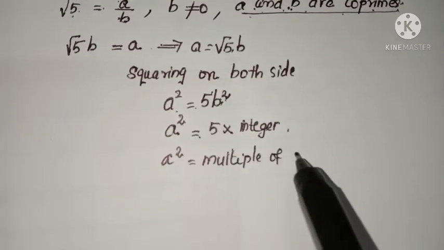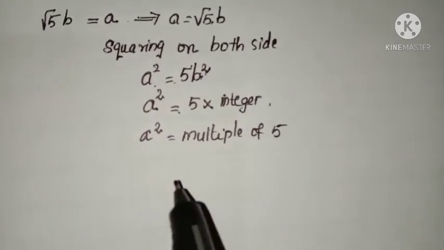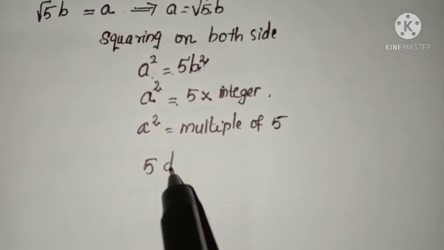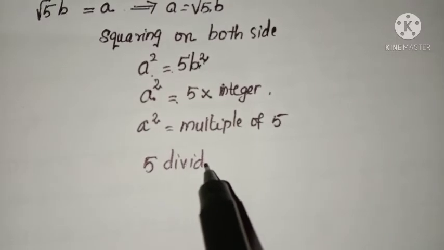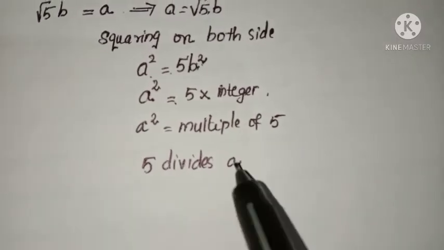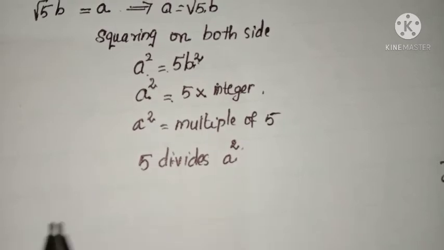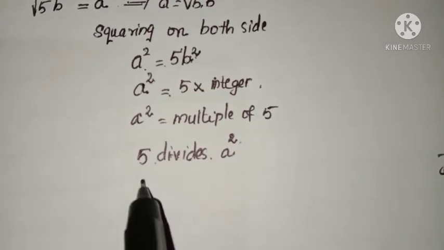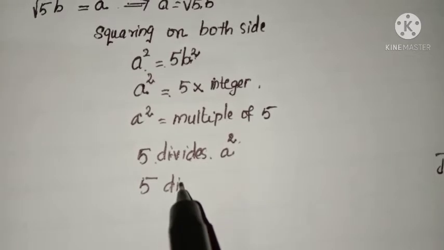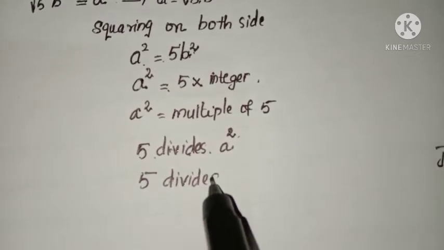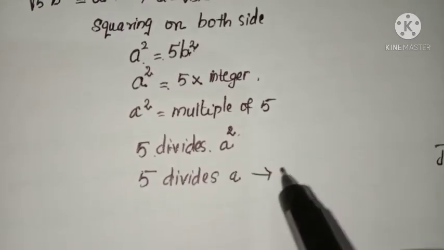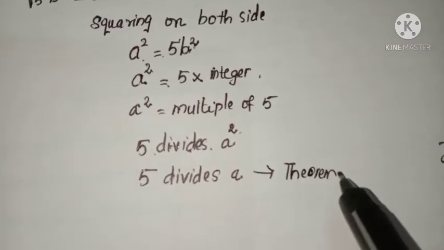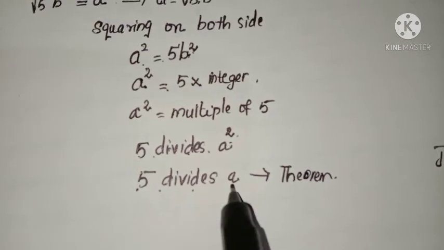Or by the theorem we can write 5 divides A square. Now if 5 divides A square, then we can say 5 divides A. That is our theorem. If 5 divides A square, then 5 divides A.